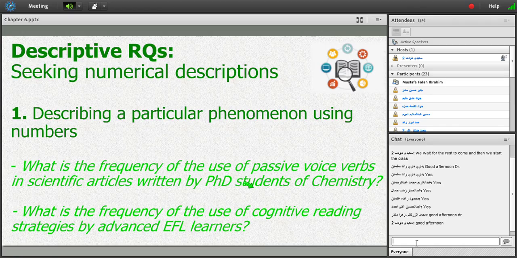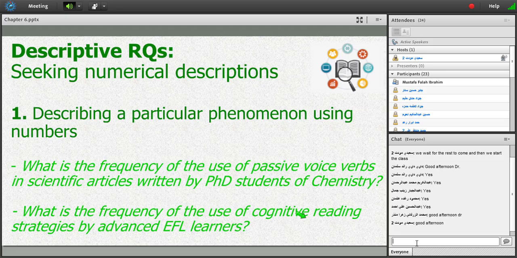Another example of a descriptive research question is this: what is the frequency of the use of cognitive reading strategies by advanced EFL learners? So I want to check the number of times the advanced EFL learners use cognitive reading strategies. So I ask them how many times you use cognitive reading strategies.